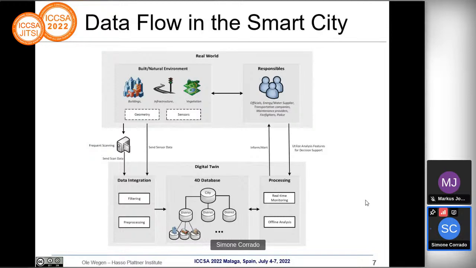It's updated using data that flows from the real world, using frequent environment scanning with LiDAR devices. This data has to be integrated into some kind of spatial temporal database, which can then be used on the one hand for real-time monitoring to inform or alert responsibles, for example, if a fire breakout is detected. And the same database should be used for offline analysis by responsibles to support decision making.